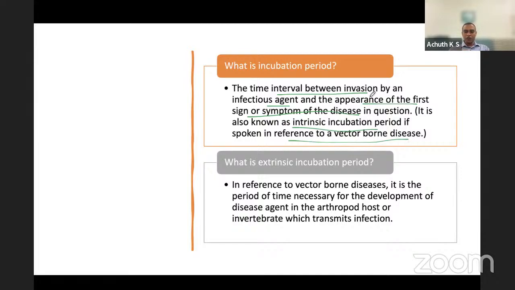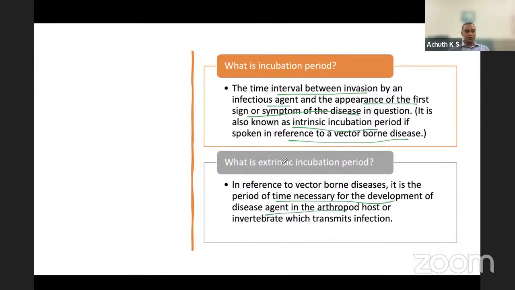When a bacteria or a parasite enters the body, from that day till you develop a fever or malaise or body pain, joint pain, that duration is called incubation period. In reference to vector-borne, it is intrinsic. What is extrinsic? In reference to vector-borne, it is the time necessary for the development of the disease agent in the arthropod.